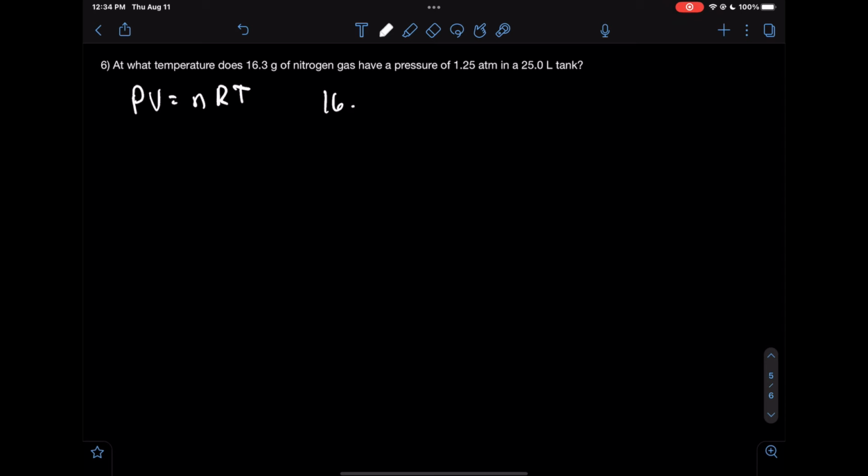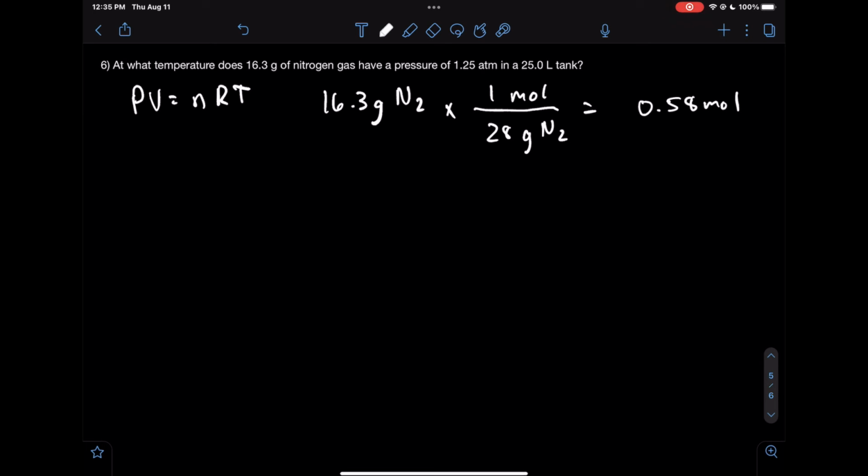16.3 grams of N2 gas is equal to 28 grams of N2 per mole. And that will give us 0.58 mole. Now we're solving for T, so we need to go ahead and rearrange the ideal gas law equation.